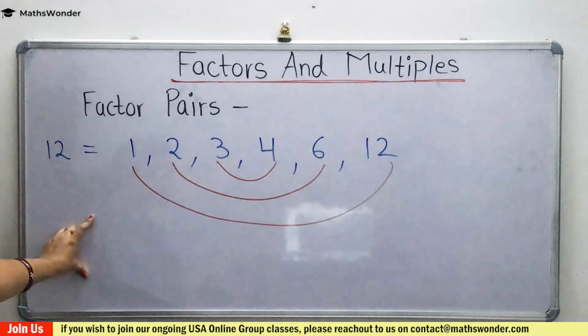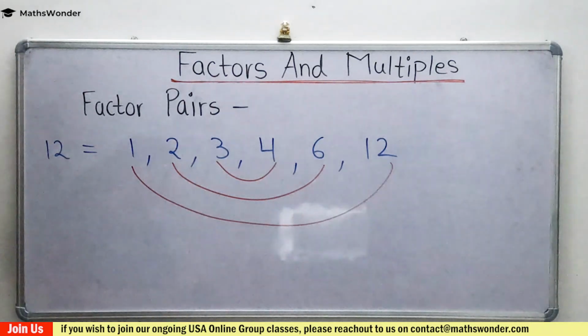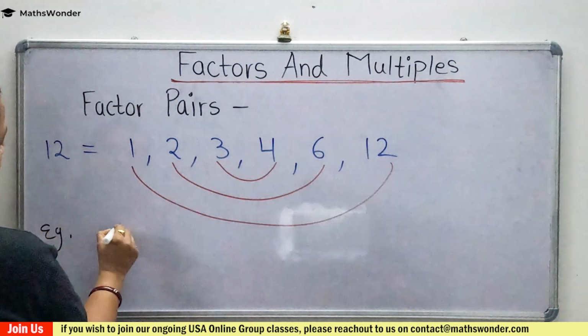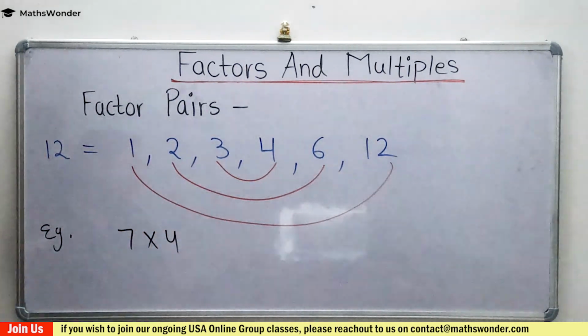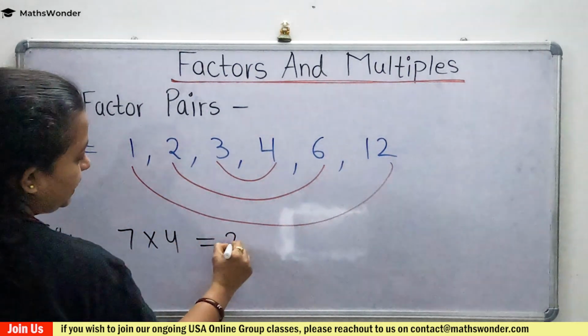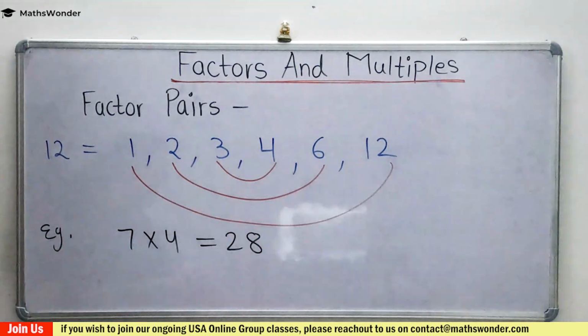That's why factor pairs are important. Another example is 7 times 4, which is 28. So if 7 is a factor of 28, then another factor must be 4, because 4 times 7 is 28. So you can make factor pairs easily. Understood?